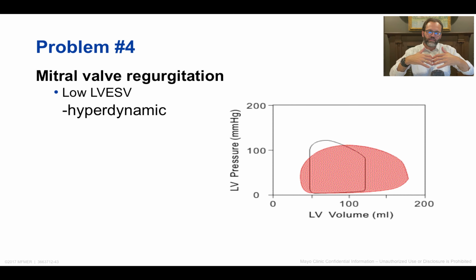So instead of pumping all the blood out anterograde into a relatively high pressure system, it's starting to pump some blood out into that high pressure system, but it's got a leak back into a relatively low pressure system. So what that will do is allow you to actually go down to a lower end systolic volume, because it's actually technically reducing afterload due to that outlet into a lower pressure system.